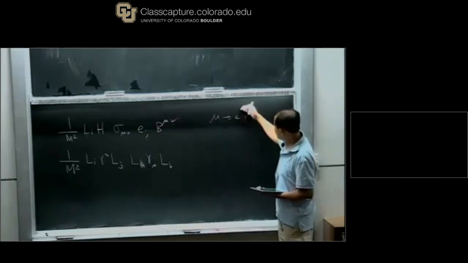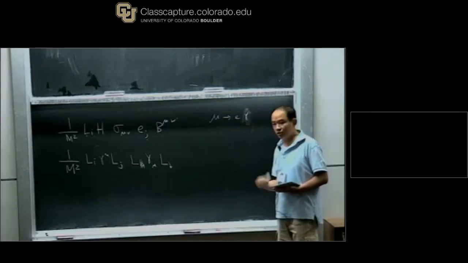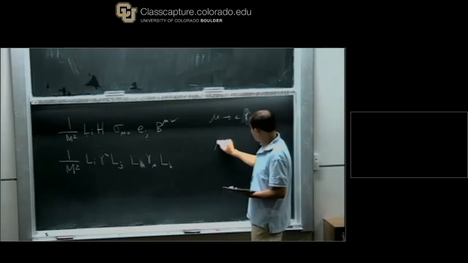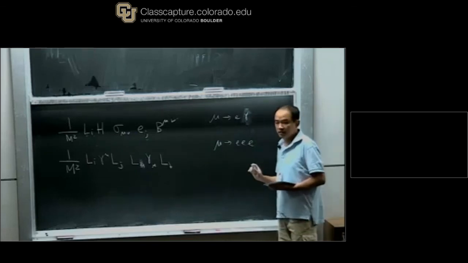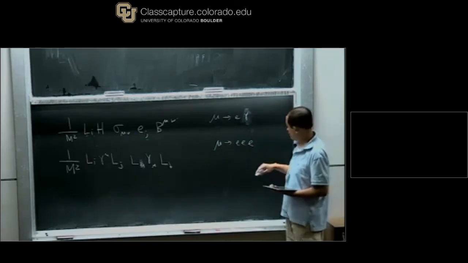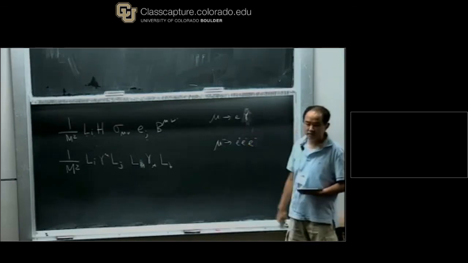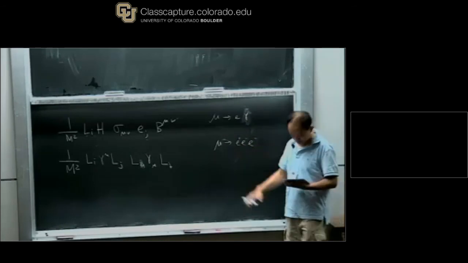Muons usually don't decay that way, so this has to be a very rare decay mode of the muon, and you can try to observe that. Also, you can see whether the muon goes to 3e, that is, e plus, e minus, e minus. You can try to observe that.